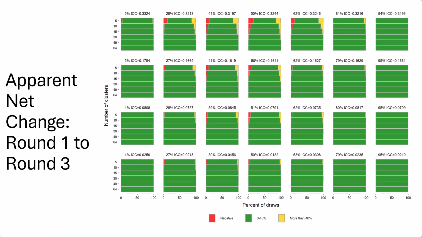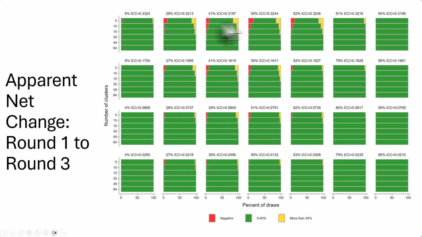This is showing the net change over 2 rounds. So now coverage changed by 10% and then it improved by 10% more. So the net change should be 20. So I have generously colored anything between 0 and 40% signal in the point estimates as green here. But again, if the true change was a positive 20 and what we appear to see is negative, then I've colored it red.